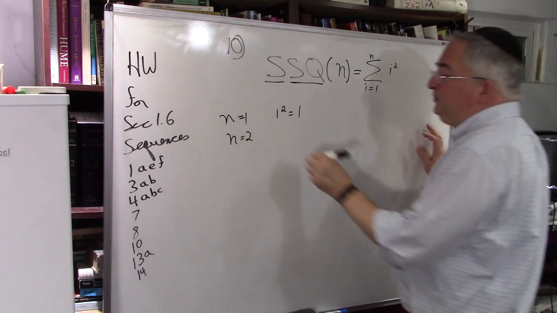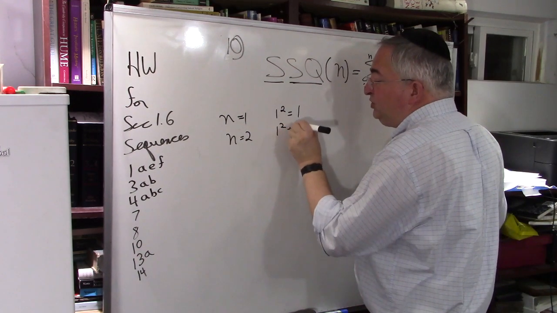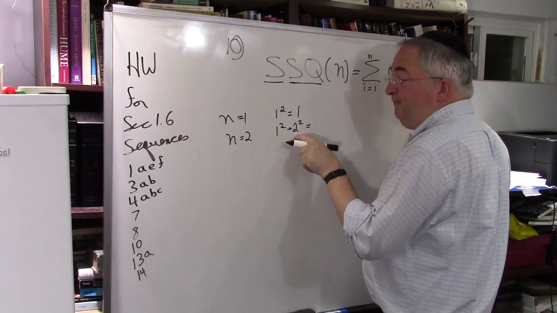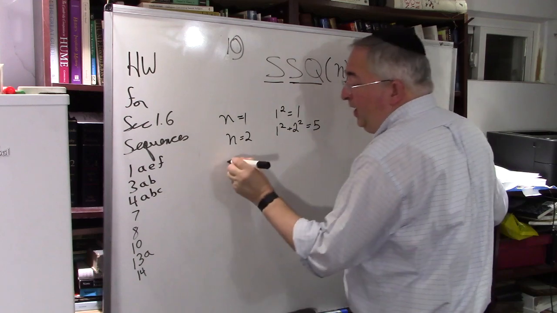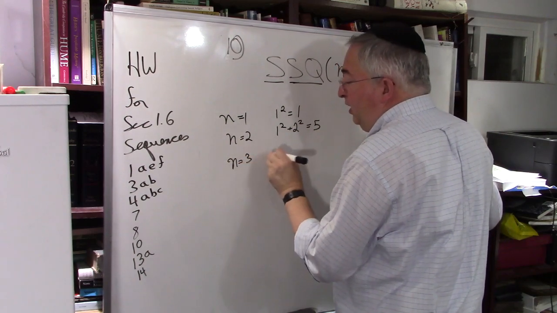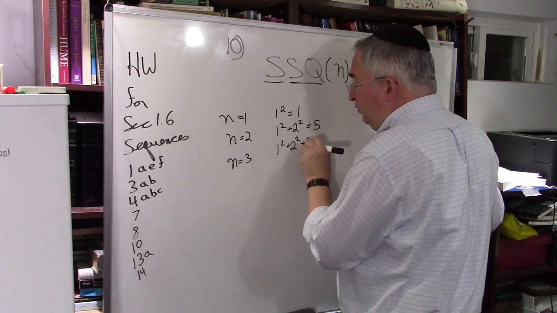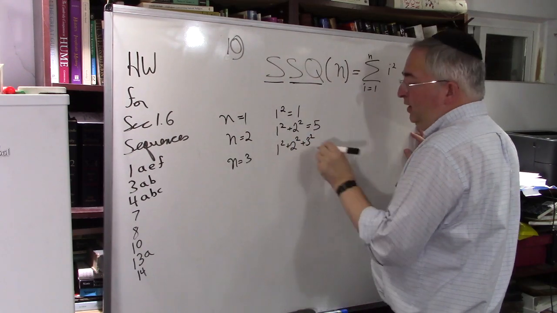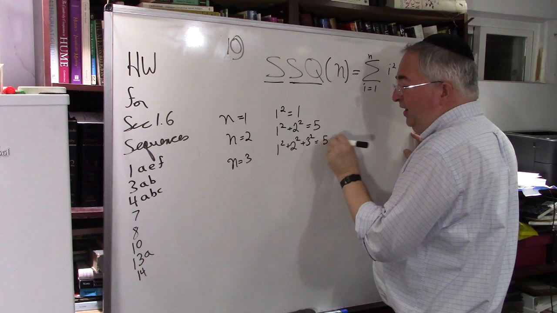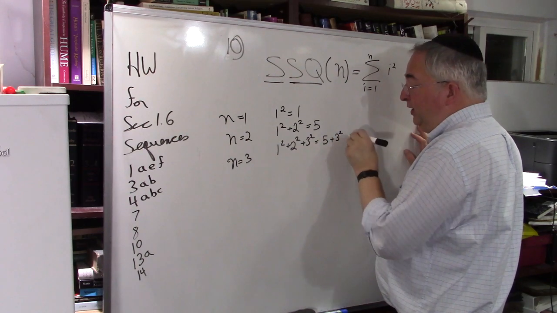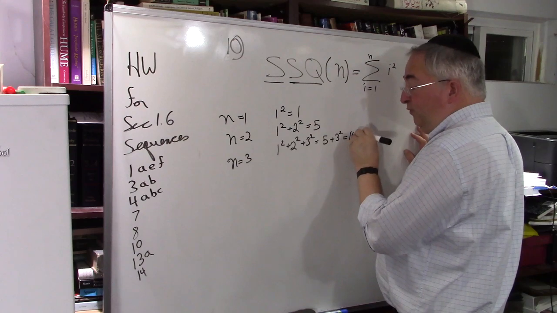So this becomes 1 squared plus 2 squared, which is 1 plus 4, which is 5. N is equal to 3, which is 1 squared plus 2 squared plus 3 squared, which is 5 plus 3 squared. What's 3 squared? 9, which is equal to 14.